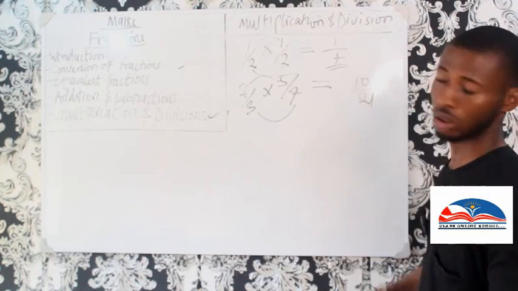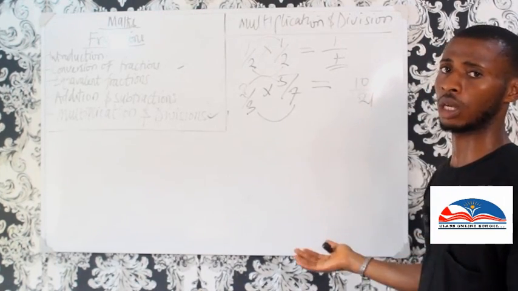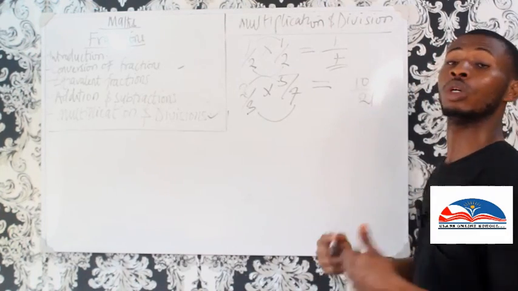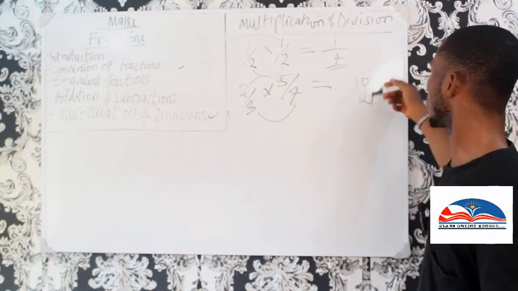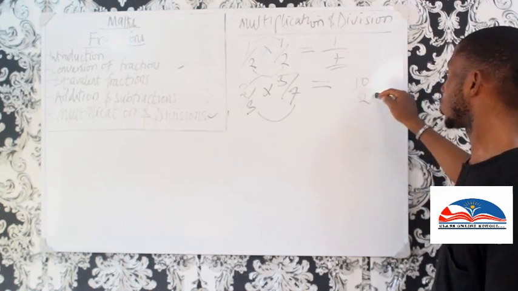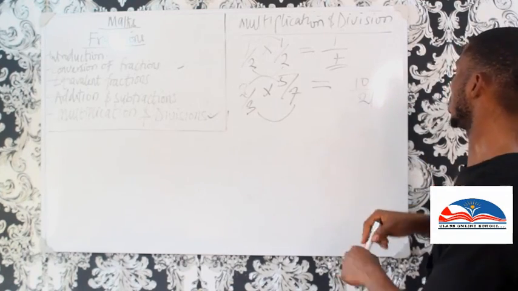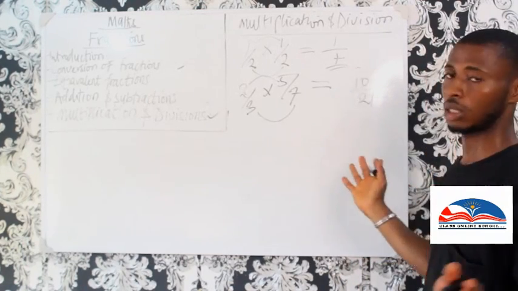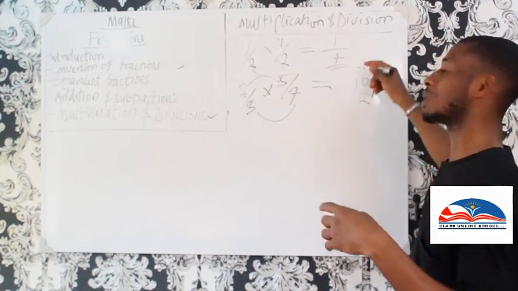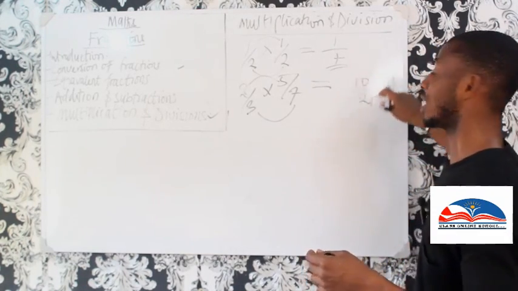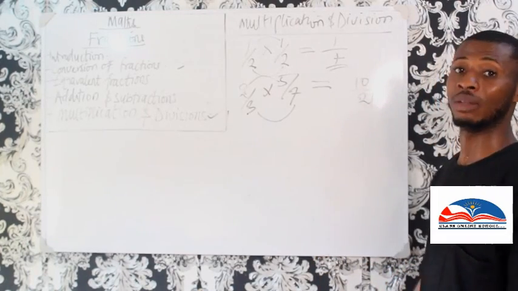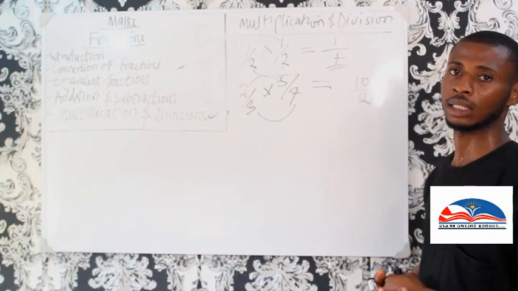So at this point we have solved the case, unless we are asked to bring it to the lowest form. You cannot bring this to the lowest form. 2 cannot divide 21, 3 cannot divide 10. So this is the end point for this solution, unless the numerator and denominator are divisible by any number, we divide it, we get to the lowest form in which they cannot be divided again. Then we leave it like that.